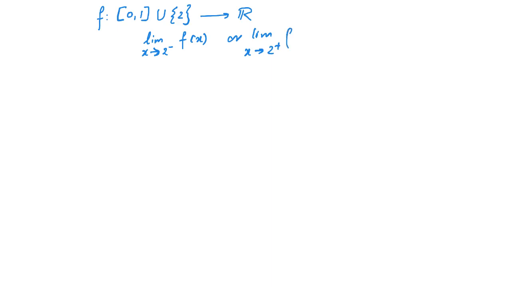Suppose our A was equal to [0, 1] union the singleton set {2}, and we are looking at a function f from [0, 1] union {2} to R. Now, you cannot define limit x tends to 2 minus f of x or limit x tends to 2 plus f of x.